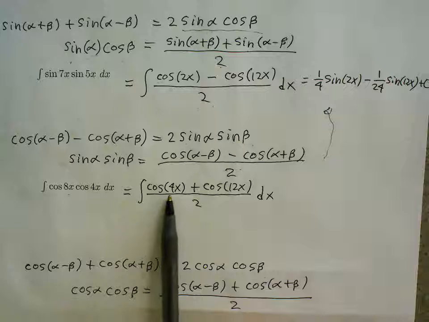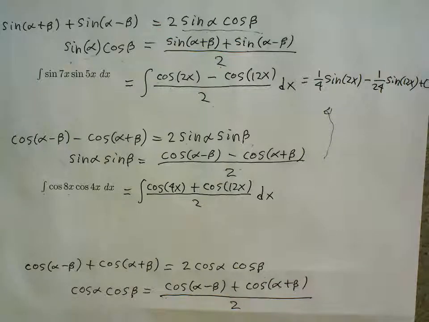An antiderivative of cosine of 4x. So we should all say it in unison. As soon as I say an antiderivative of cosine of 4x, yeah, 1/4 sine of 4x.